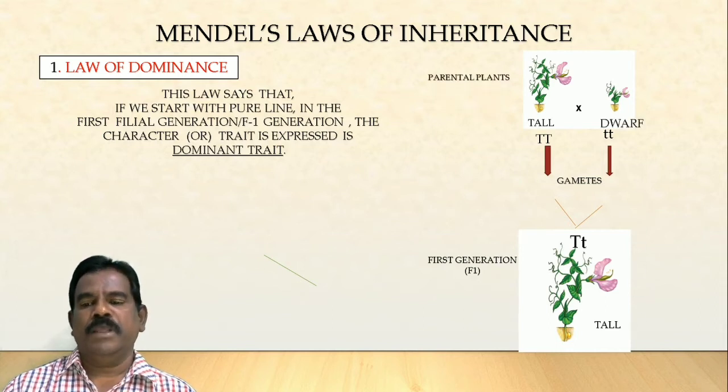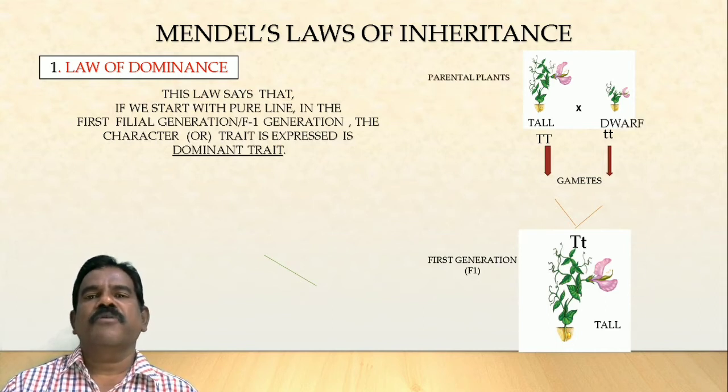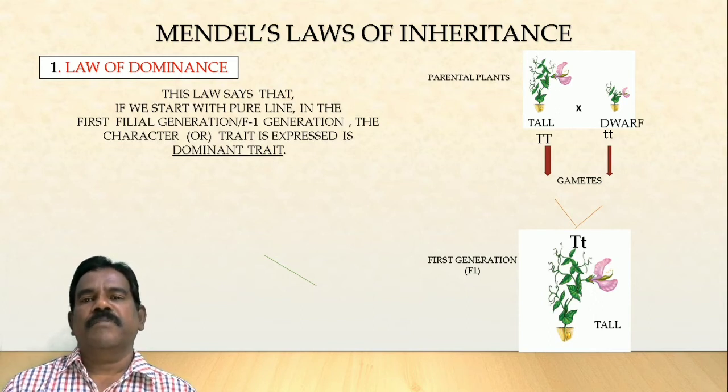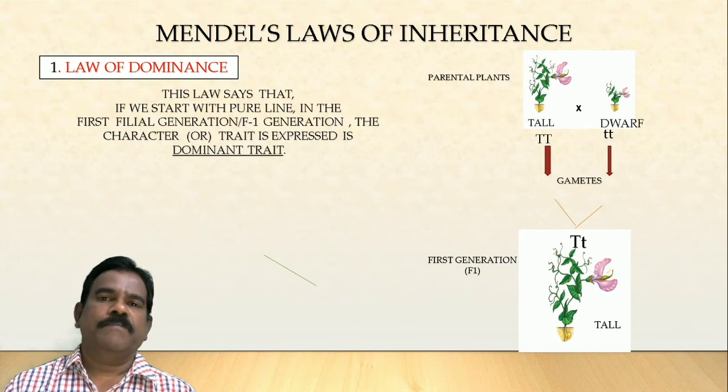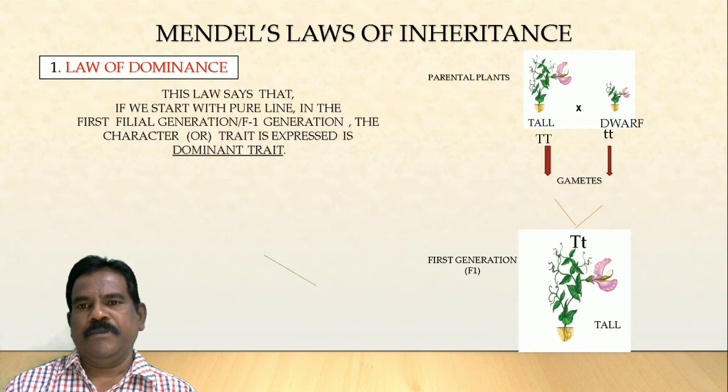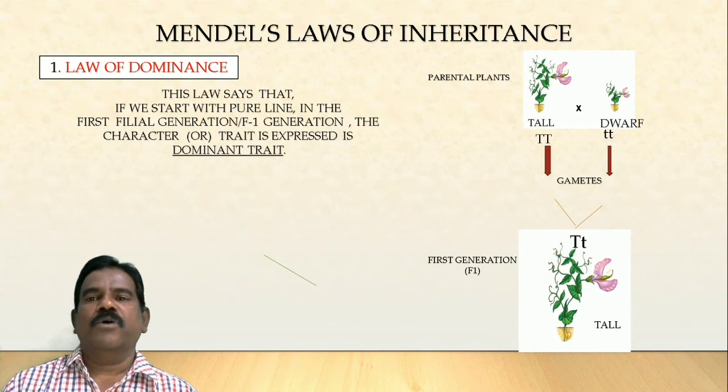Suppose we start with homozygous plants as parents. Mendel also always took pure lines. The pure lines are homozygous plants, that means the plants have identical genes for a character.